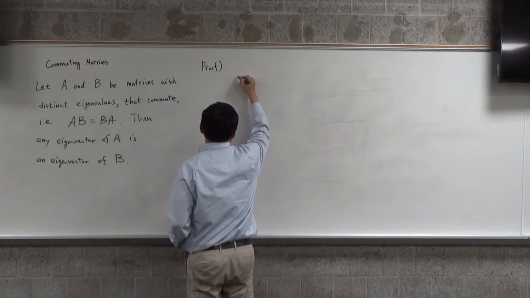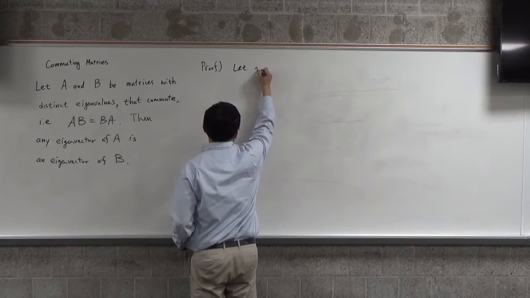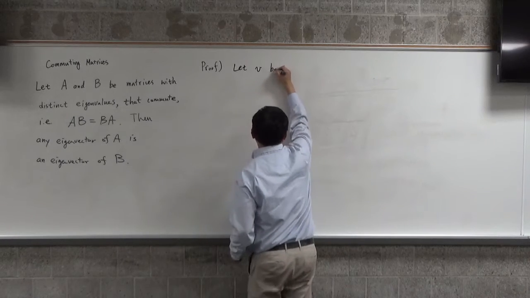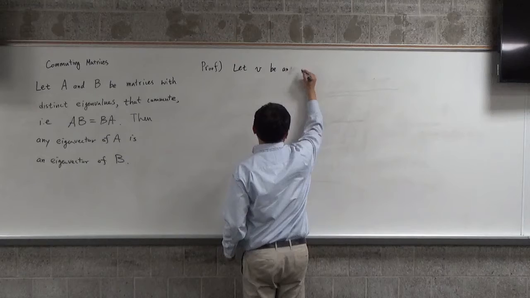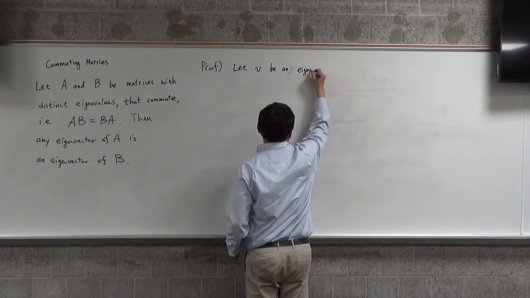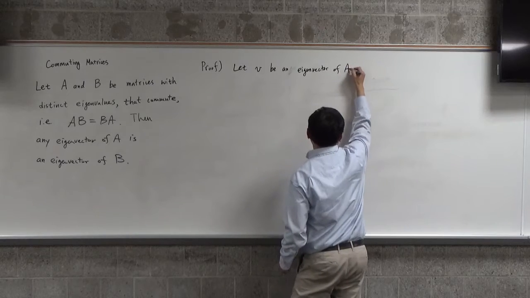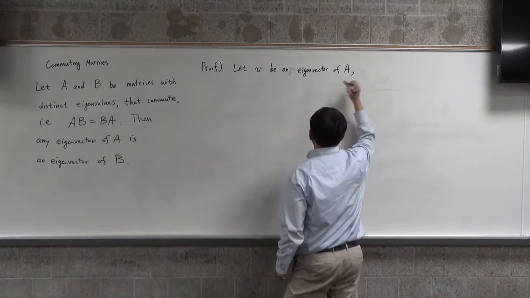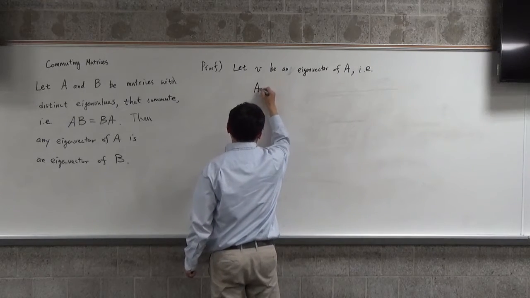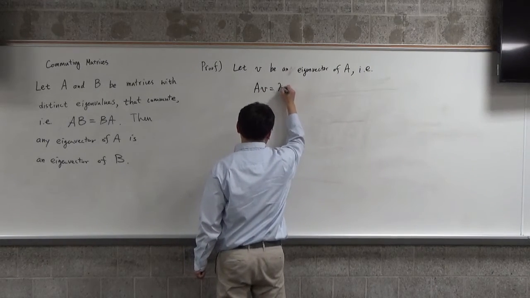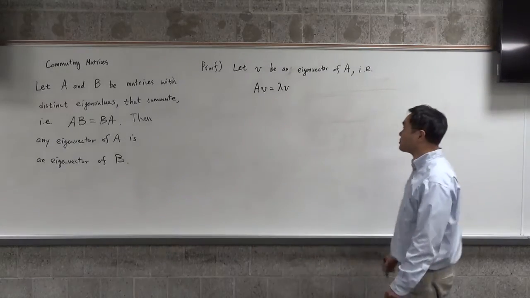Let's say let V be an eigenvector of A. In other words, A times V is, say, some lambda times V, some eigenvalue lambda.